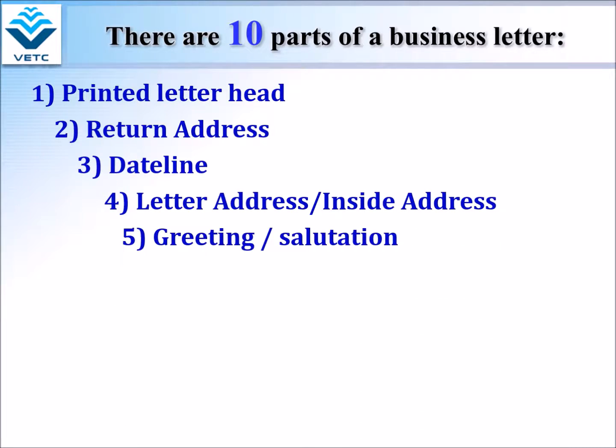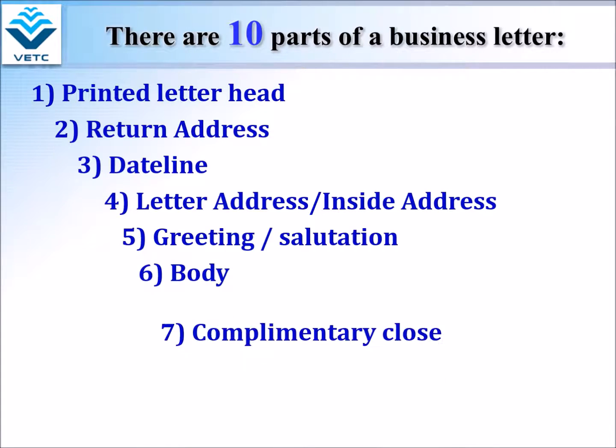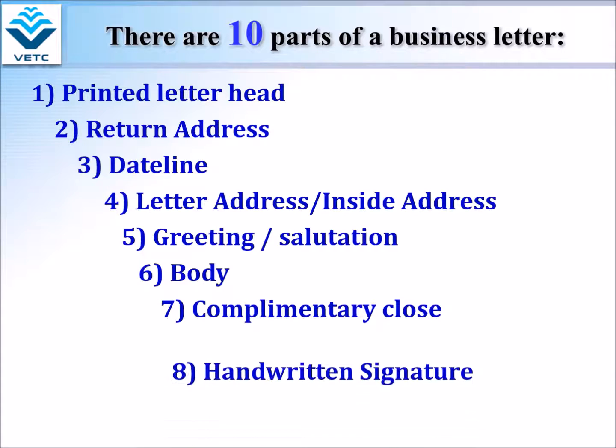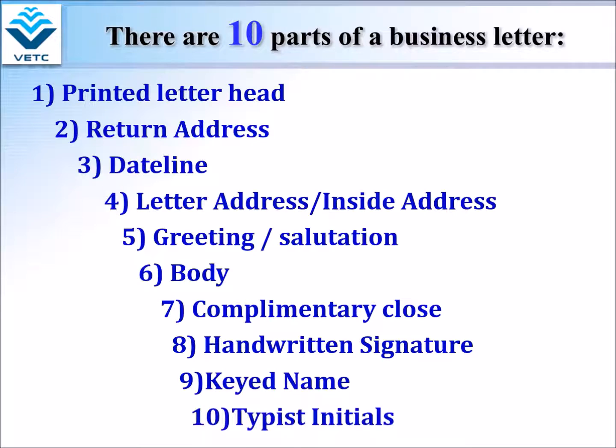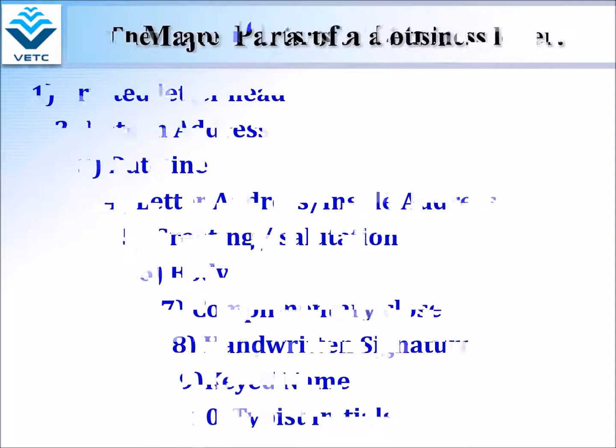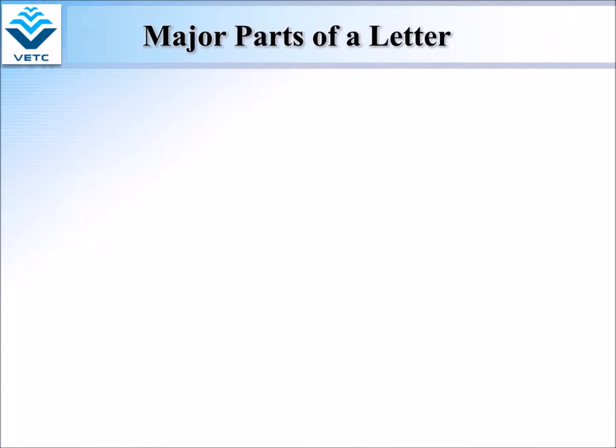Greeting or salutation. 6. Body. 7. Complimentary clause. 8. Handwritten signature. 9. Key name. And the last one, typed initial. Remember to put them in order, and don't forget to know what each part does.